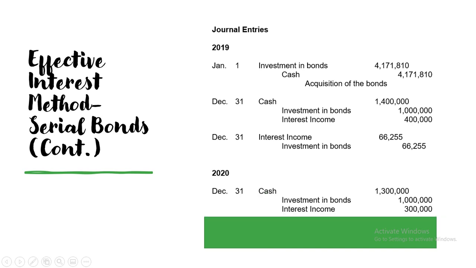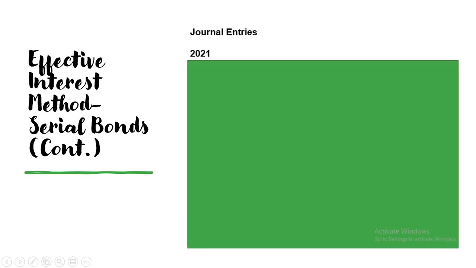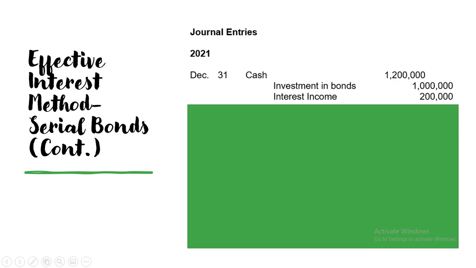Then, 2020 naman is the collection of the interest and the principal amount of the bonds. Yung installment. And then, interest income, investment in bonds, this is the amortization of the premium. Now, for 2021, same pa rin po, no? Collection of the interest and the principal amount of the bonds, installment.